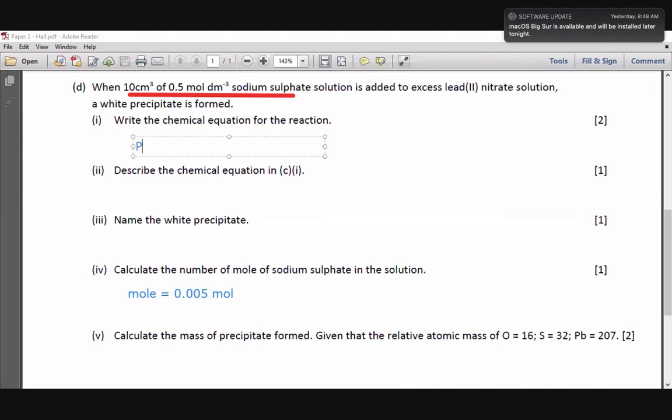So we are using Pb(NO3)2. Copy back the usual answer first. A lot of students will not write this one, the step 2, which I always mention.